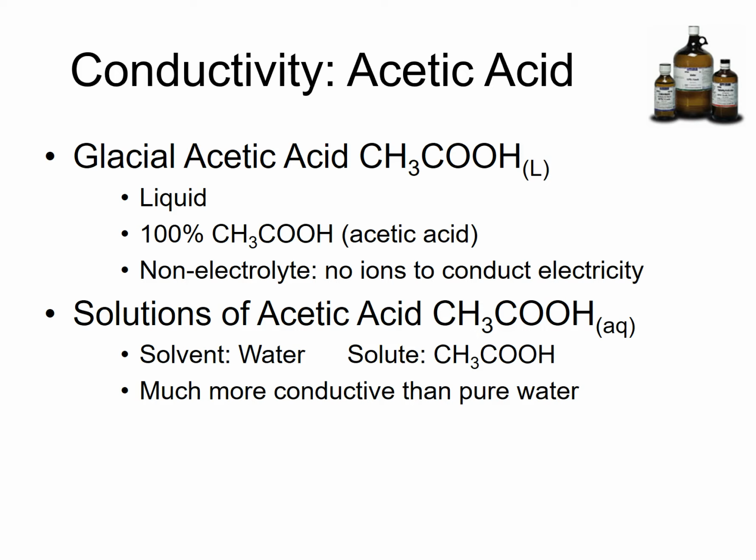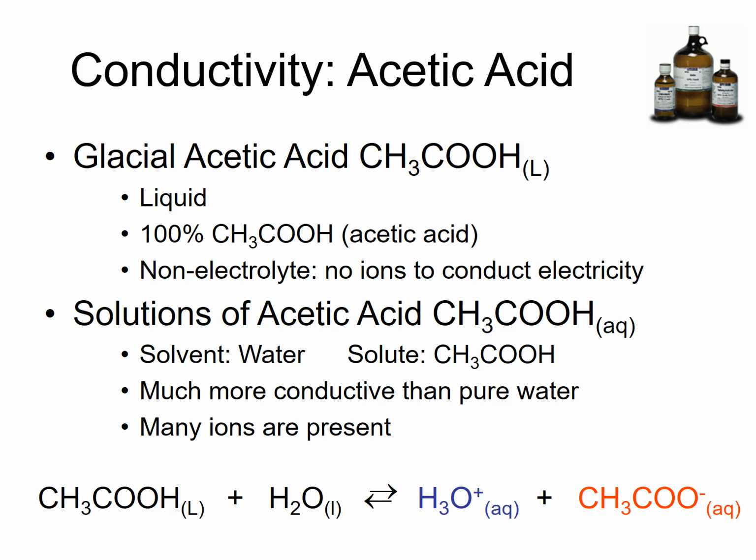This is sort of strange, and one might ask, what's going on? Since the water and glacial acetic acid solution conducts electricity even better than either of them did before, it must be because there are more ions present, obviously. So where do these ions come from?